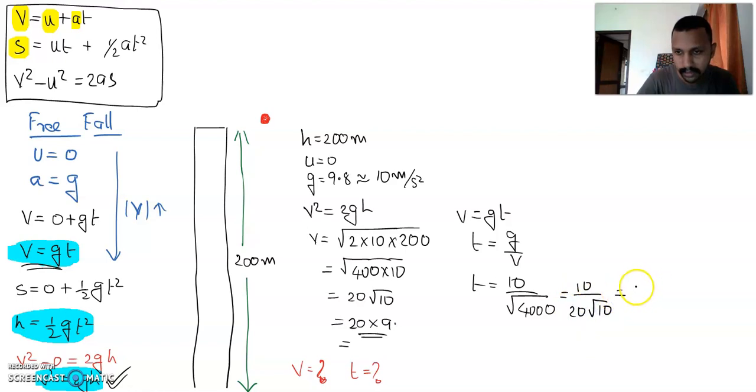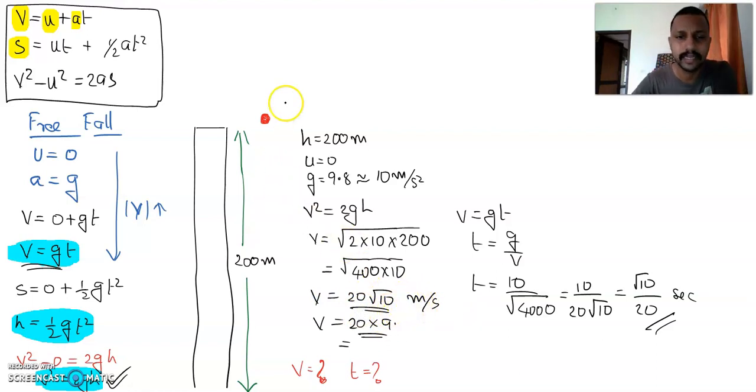That is 20 root 10 divided by 10, that much second. Okay, this is your answer, and velocity will be this much meter per second. Okay, therefore this is how we are finding out the final velocity and final time. I'm not simplifying it. You could simplify it and get a clear cut answer. Okay, therefore this is regarding the freely falling situation.